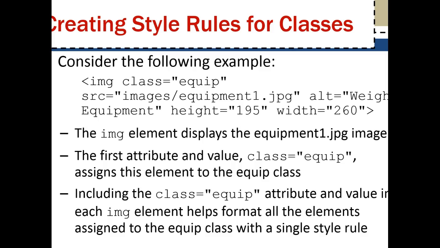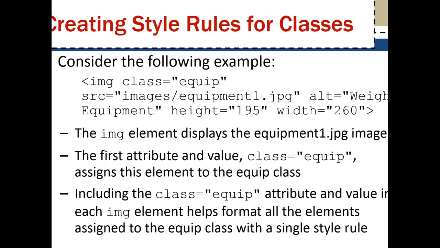Then after that, we can put the class equip attribute and value in each img element that we are going to have. That means if we create this equip class, all the elements that we have assigned, like image 1, 2, 3, are all going to be assigned to the equip class, and they are all going to have a single style rule.